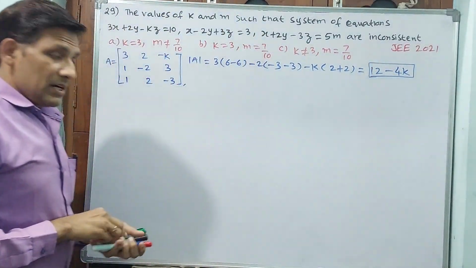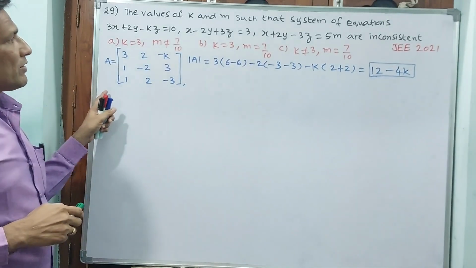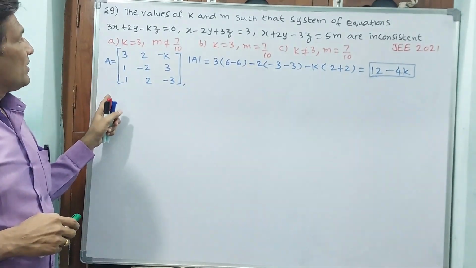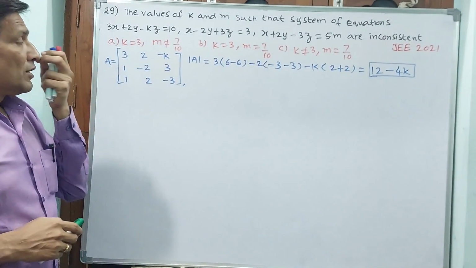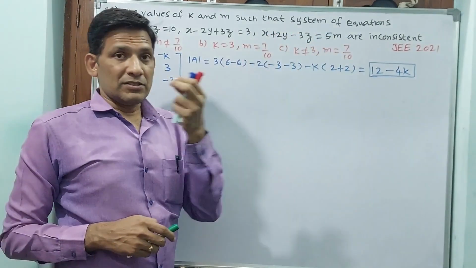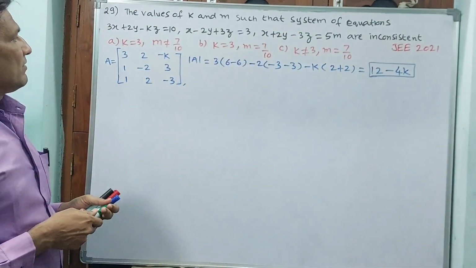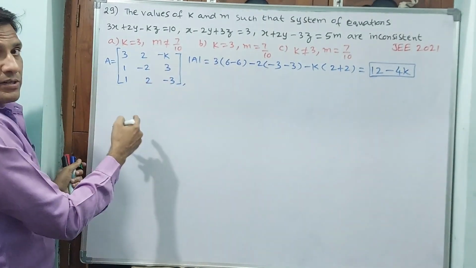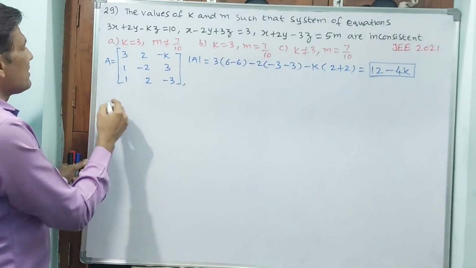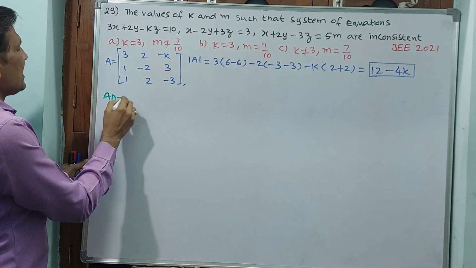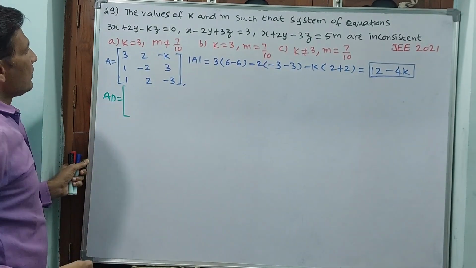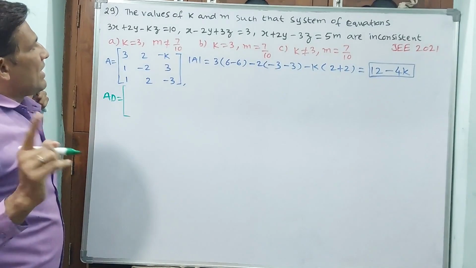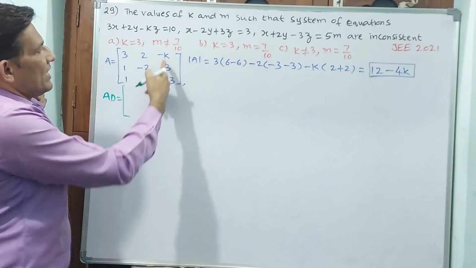Because determinant of AD also you have to find, then only we will go for rank. Based on rank, we can say whether the system is inconsistent or consistent. Now the augmented matrix AD is equal to, see what I am doing, I don't want k now.